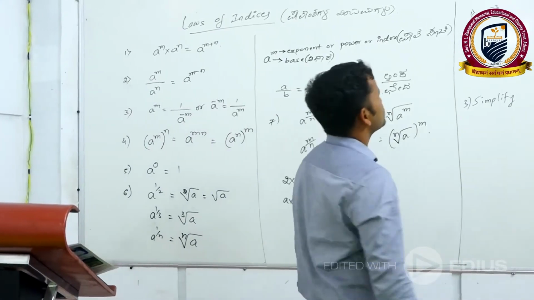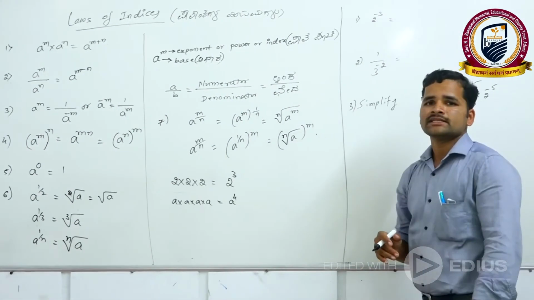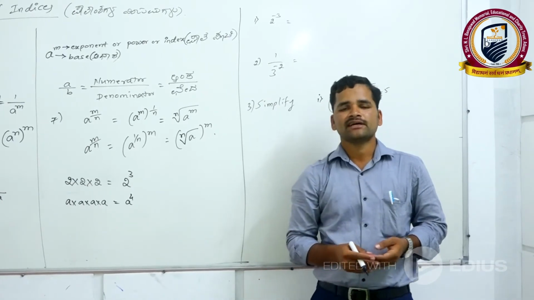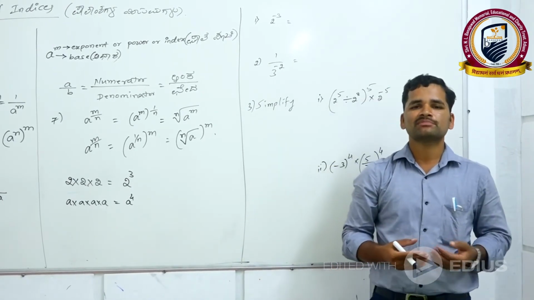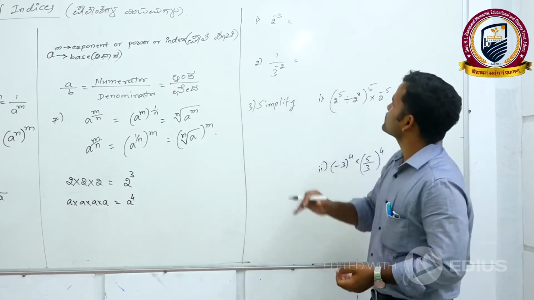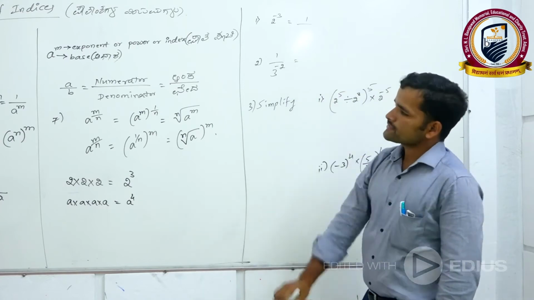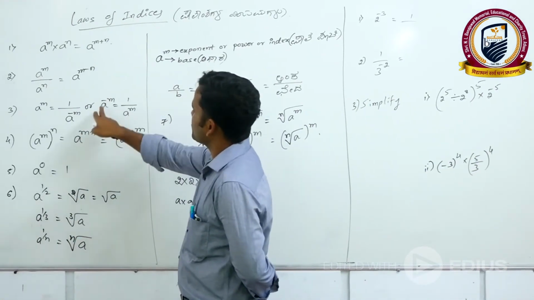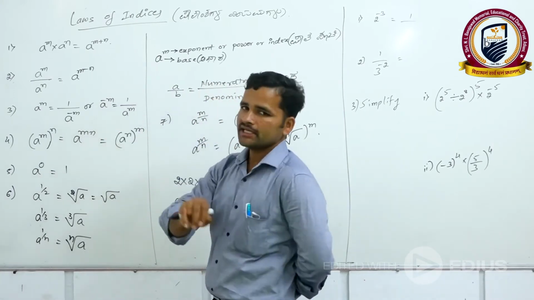First one, you see 2 raised to minus 3. We can't say 2 is getting multiplied minus 3 times; that would be meaningless. So here we will use this formula: a raised to minus m is nothing but 1 by a raised to m.